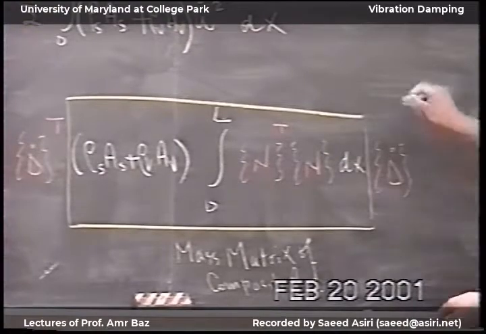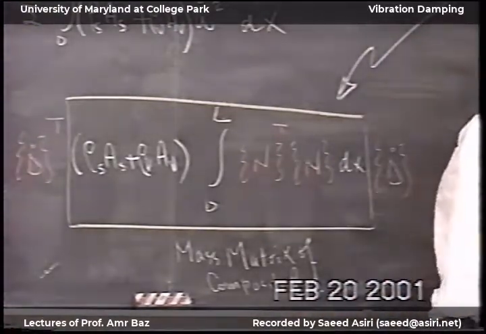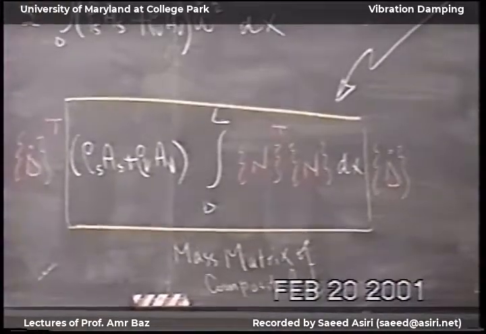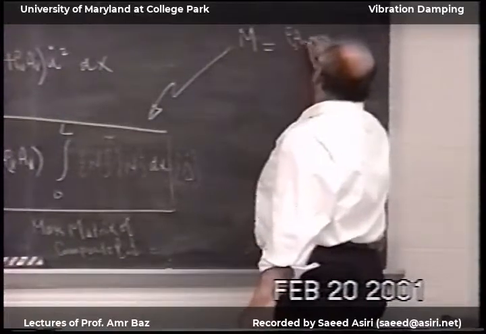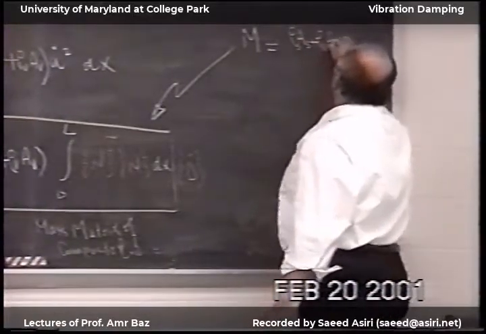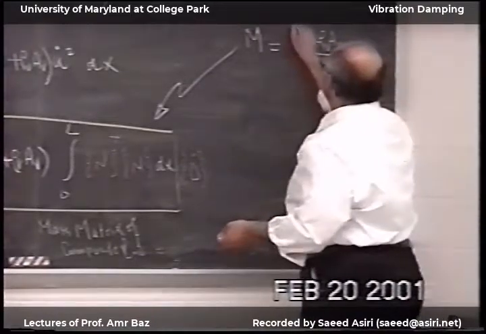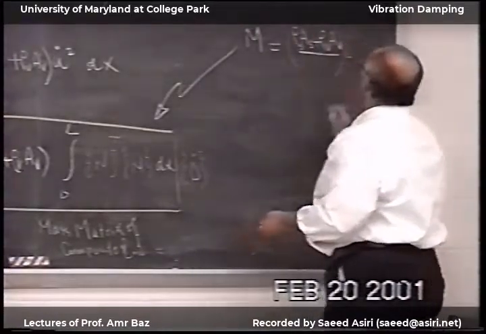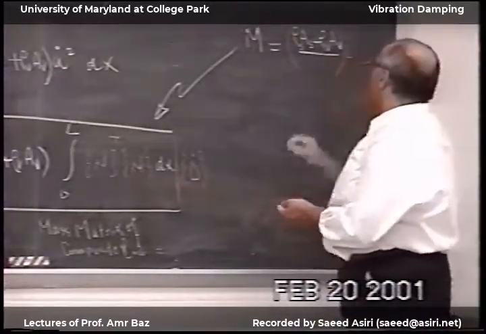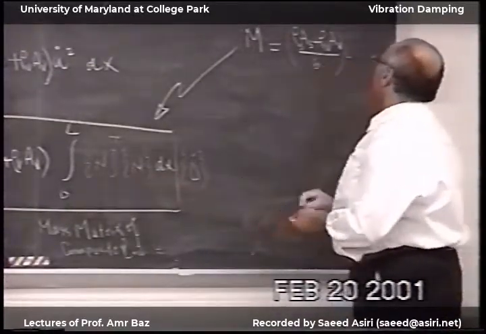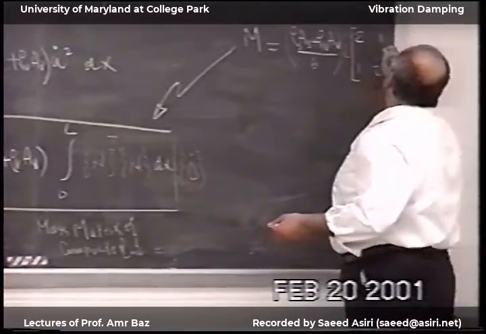And if we do the calculation, then the mass matrix will equal to rho S AS, rho V AV, all this times L, and when we do the integration, this will look like this, divided by 6, 2, 1, 1 and 2.